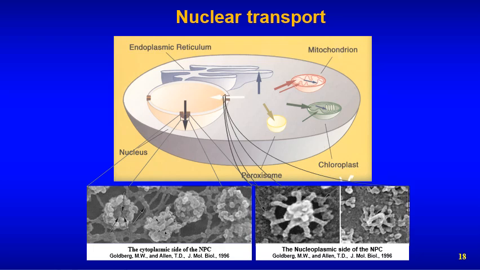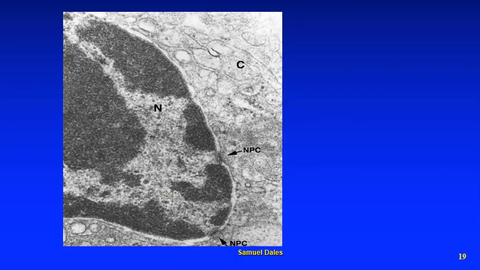Now we should ask the question, what is it that goes into the nucleus? Basically, anything that's going to work inside of the nucleus, like proteins that help with pre-mRNA processing. We also have ribosomal proteins, and proteins that have a nuclear localization signal.